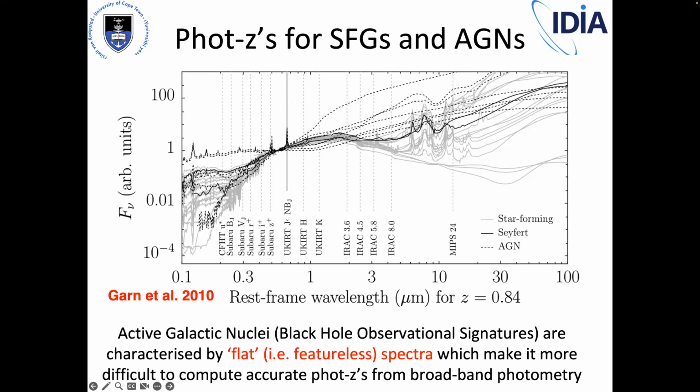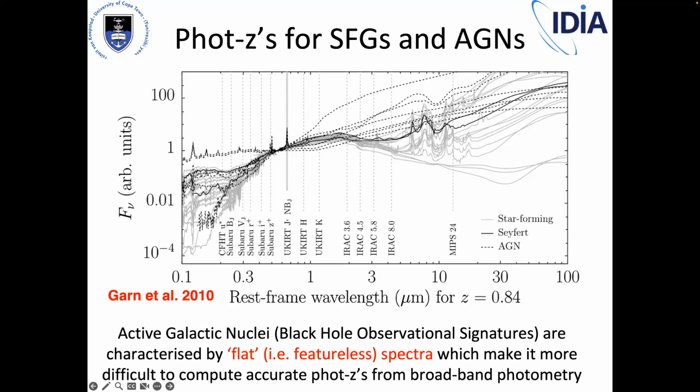The important thing to bear in mind is that here at short wavelengths there is a huge difference of SEDs, and the SEDs start from a very low point, go to the top, and then decline again. So this means that there are lots of peaks and lots of spectral features that you can use to anchor the photometric redshift measurement. If you move them to the right or to the left as a function of redshift, you will be able to tell whether this SED is shifted or not.